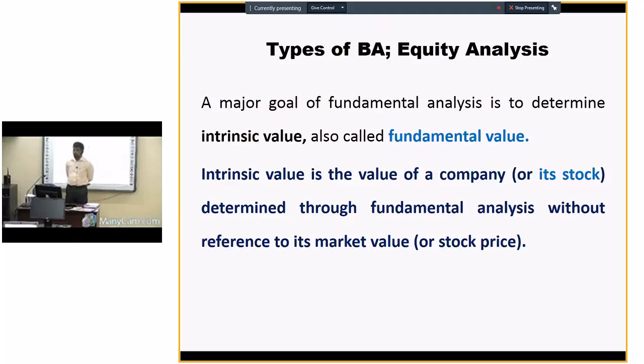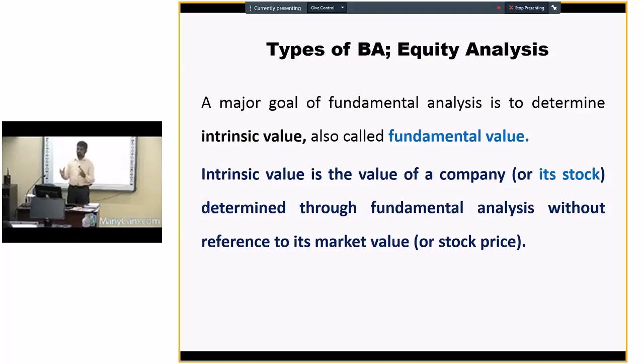The major goal of fundamental analysis is to determine intrinsic value. At the beginning I used that term, intrinsic value, also called fundamental value. The main purpose of fundamental analysis is to identify that fundamental or intrinsic value.